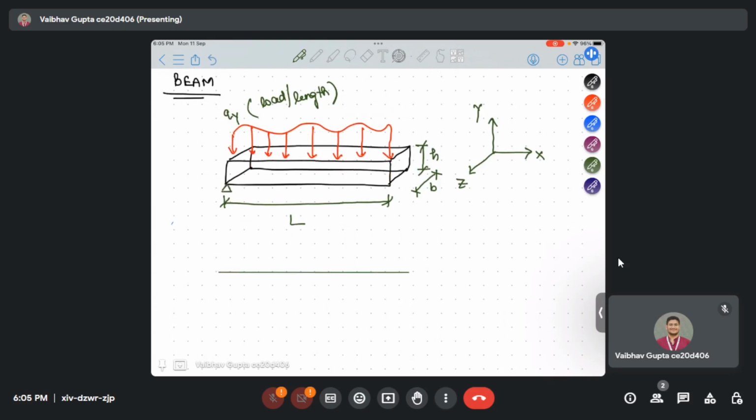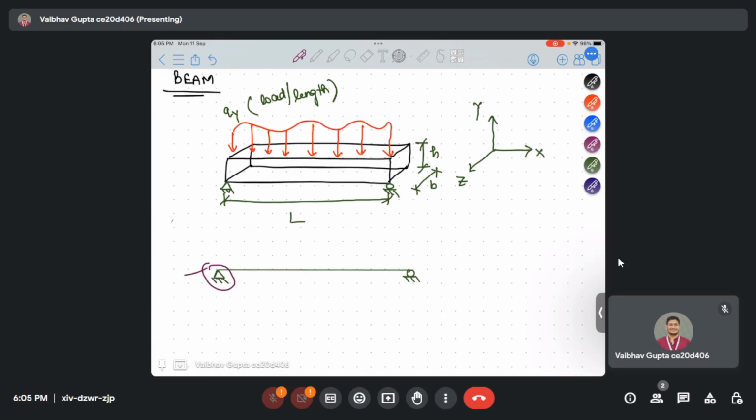Suppose the beam is simply supported. We can draw it with the help of a line also. So this support is known as hinge support, and this is roller support, and this is the loading, general loading.